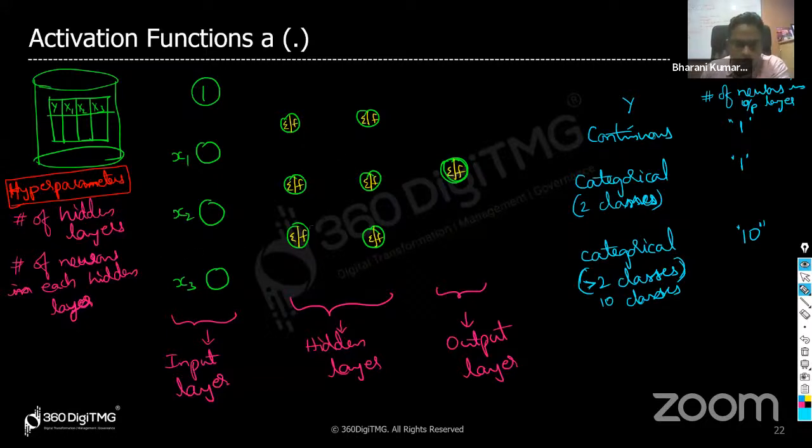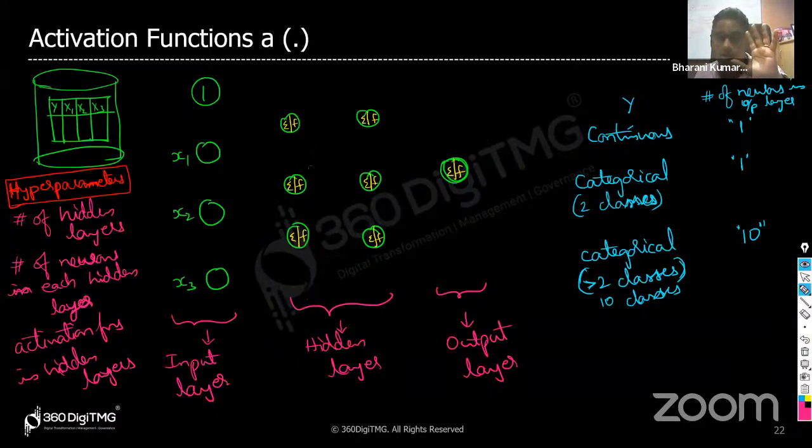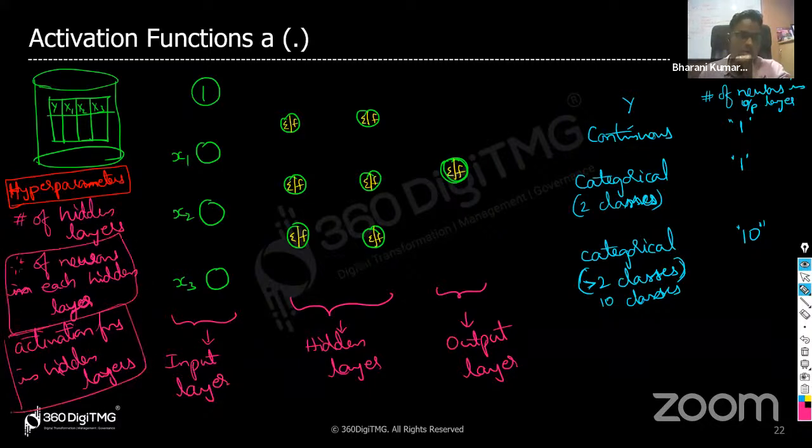And within these, you see the activation function, the kind of activation function that you are going to use in hidden layers, is also variable. It means you can give any hidden layer neurons any activation function. So this also becomes one hyperparameter. There's already one hyperparameter, and this is also one hyperparameter.